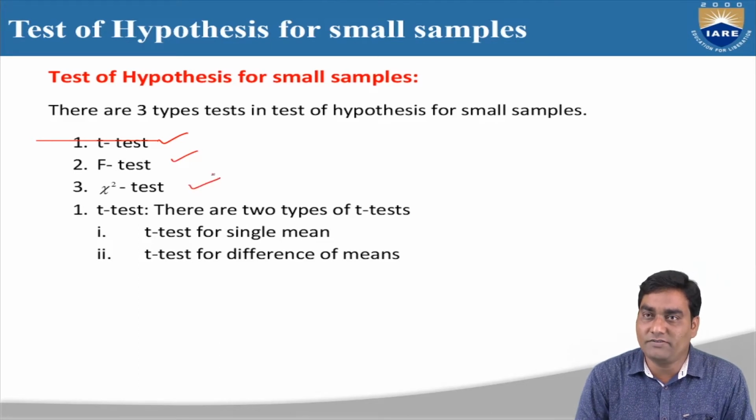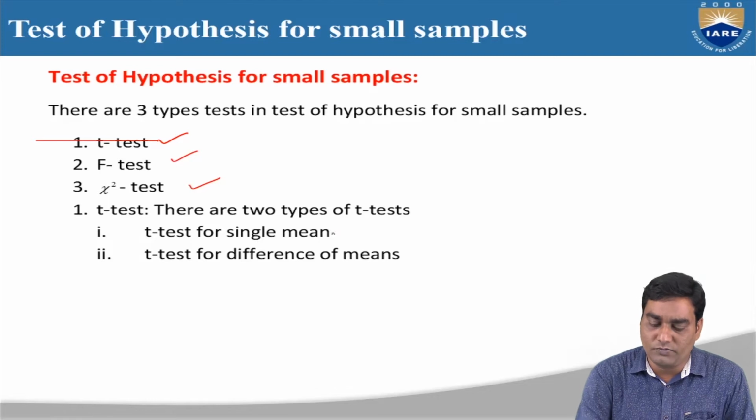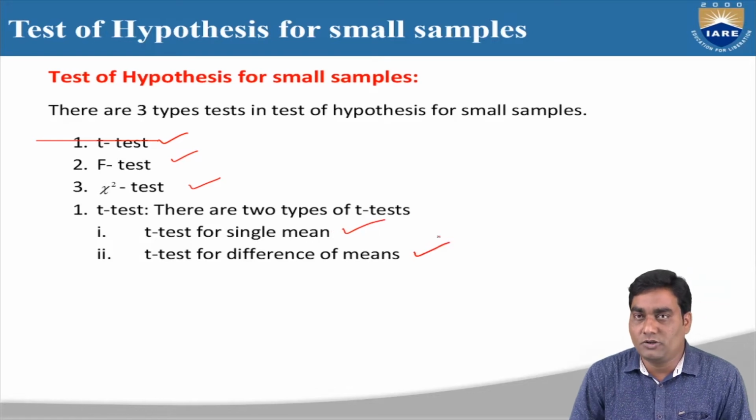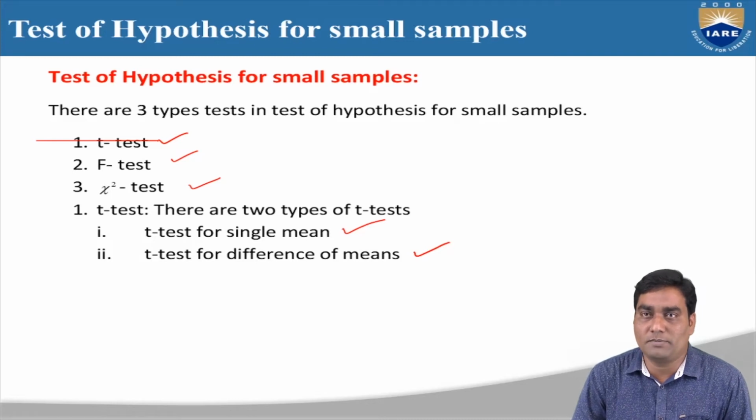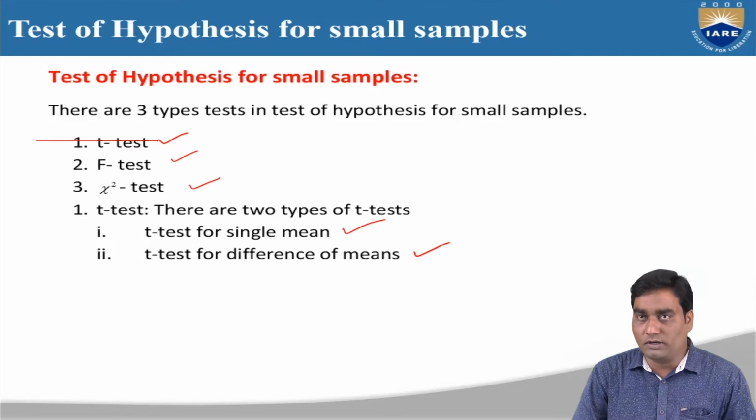Again, t-test is divided into two parts: t-test for single mean, and t-test for difference of means. So totally we have four different kinds of tests for small samples: t-test for single mean, t-test for difference of means, f-test, and chi-square test.